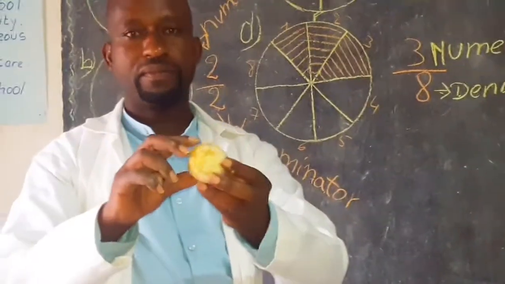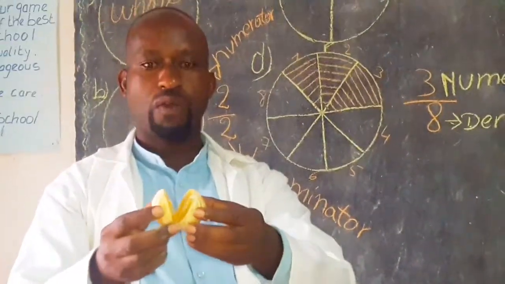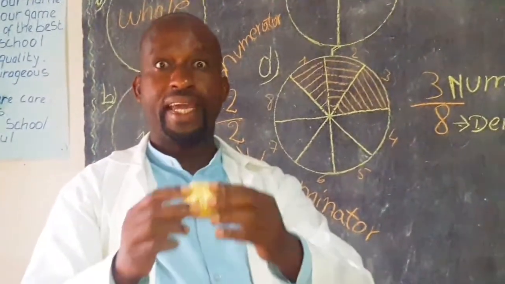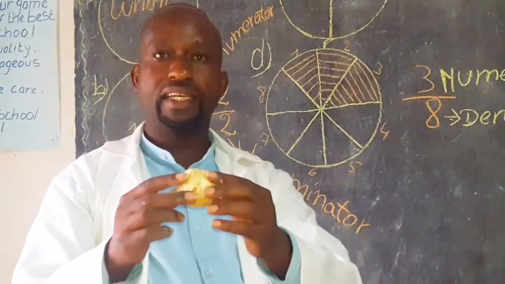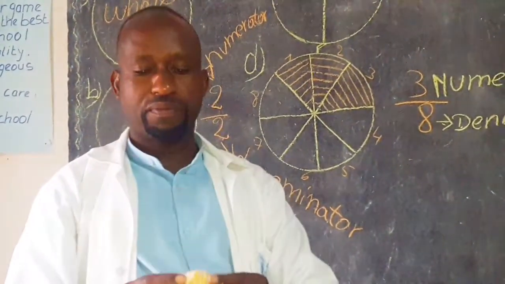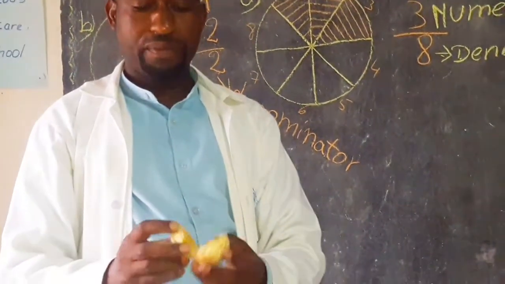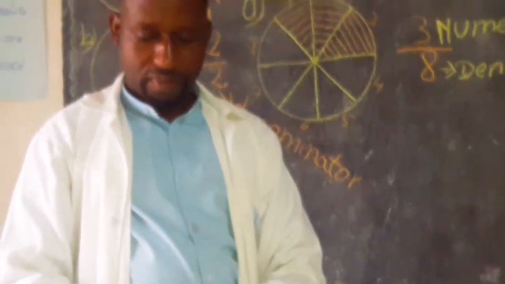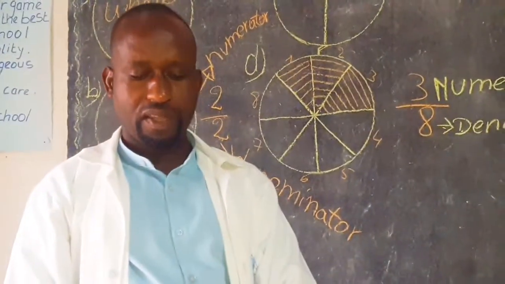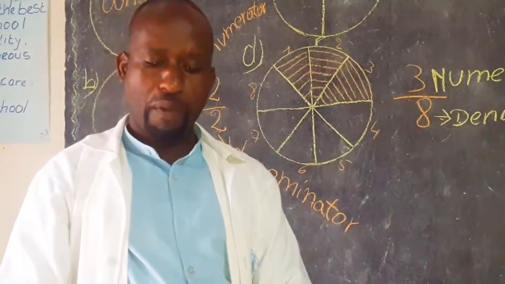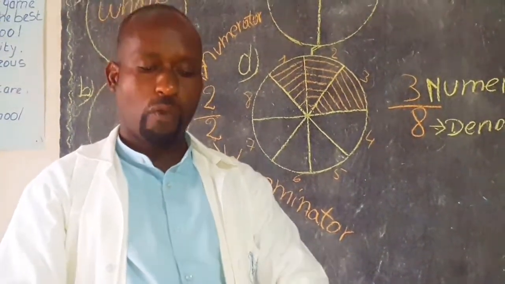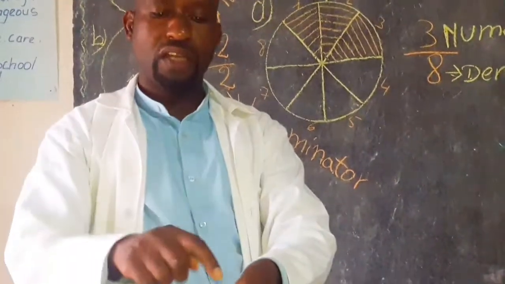Do you see? The whole orange, and I'm going to share it in 4 parts. The available parts is 4. 1, 2, 3, 4.